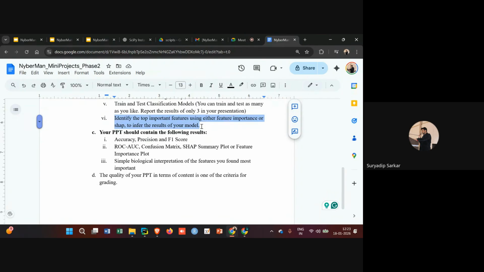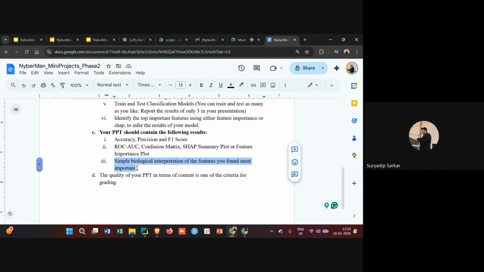Now what I want you guys to do is search for those genes on the internet, look for literature with relation to those genes and the condition versus control classification that you have done. Okay, try to relate the function of those genes with respect to the condition that you have studied.